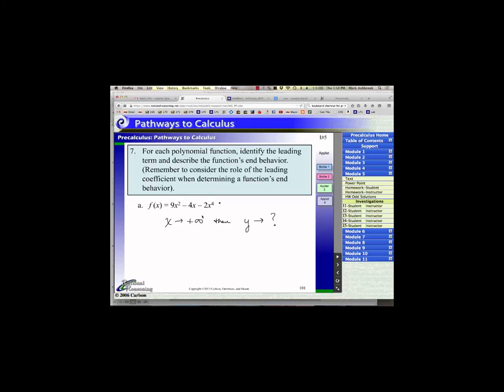And you're reasoning based on the formula. You're not graphing it and looking at the graph. You're reasoning based on very, very large positive values of x. What will the y values do? And then, for very, very large negative values of x, what will the y values do?